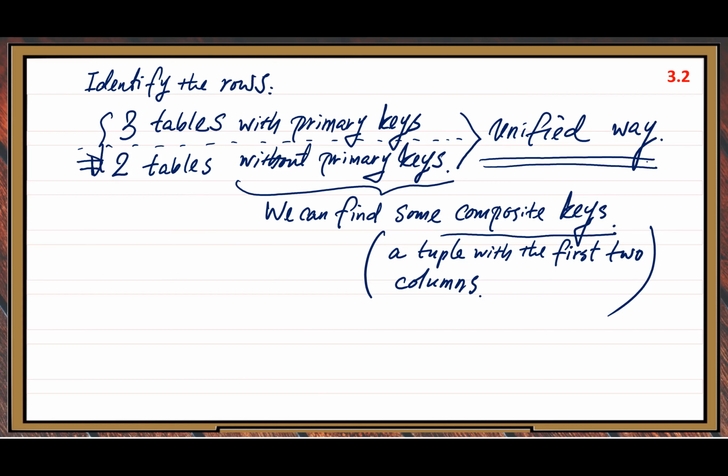But for the non-primary key case, we need to use both column values, first and second together, to identify each row. So with this understanding, we have one way to identify the rows and implement the features. That's my plan.